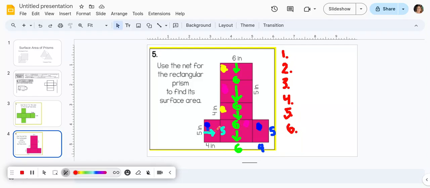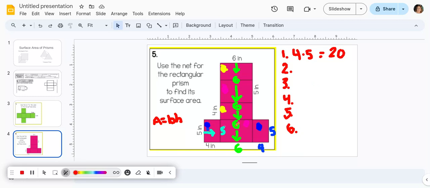Okay, so let's start with these shapes right here, the blue shapes. I have a base of 4 and a height of 5. It's a rectangle, so I know that my formula is area equals base times height. So my base of 4 times my height, 4 times 5 equals 20.